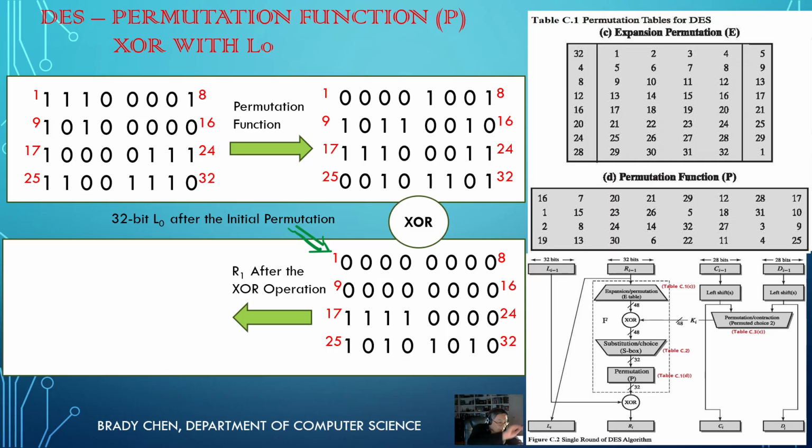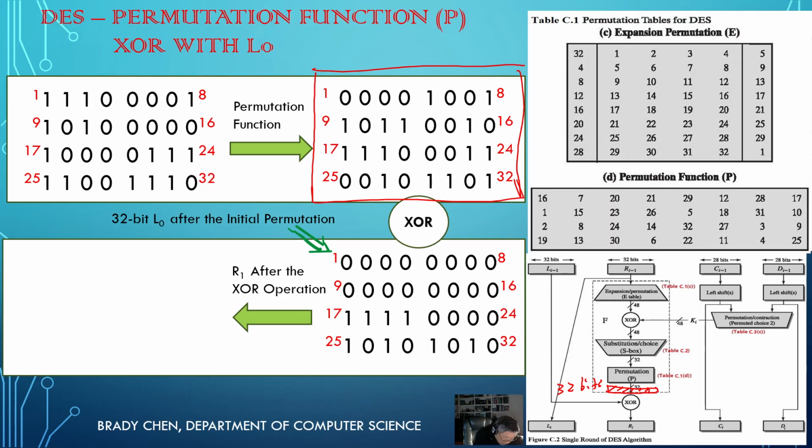Now this is the final output after the permutation function. So now we are here. We got the 32-bit output after the permutation function.